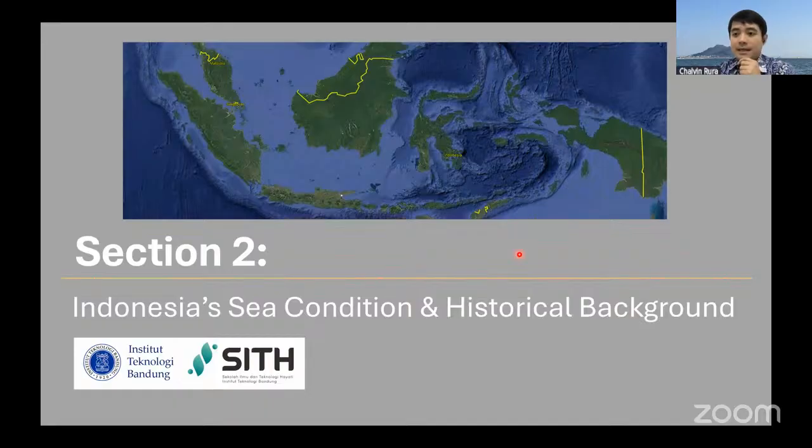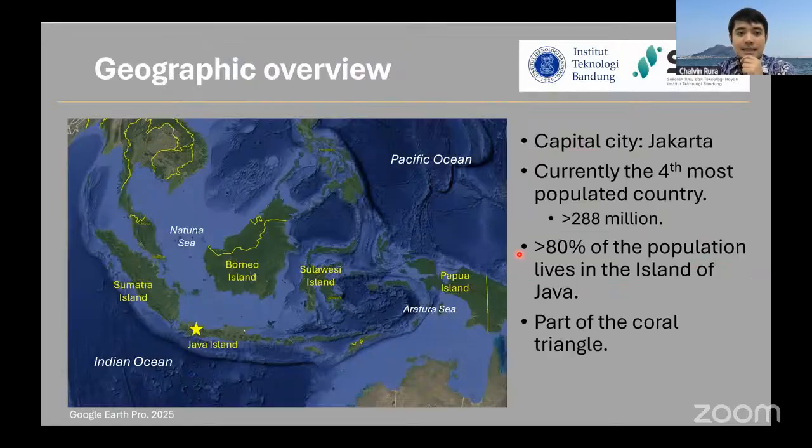So now I will talk about the second section, which is the Indonesian sea condition and its historical background. Maybe some of you are not familiar, even though we are neighbors, with all of the islands in Indonesia. Indonesia has roughly 17,000 or more islands, and the capital city is Jakarta.